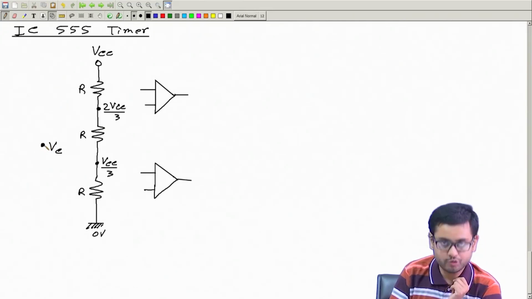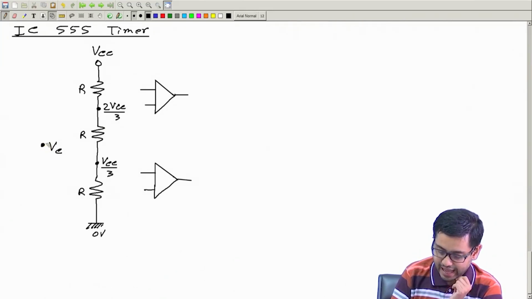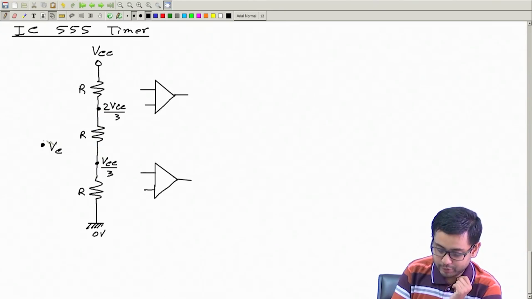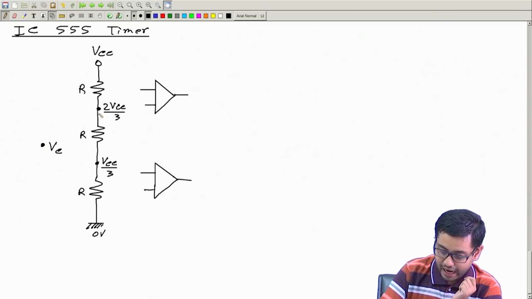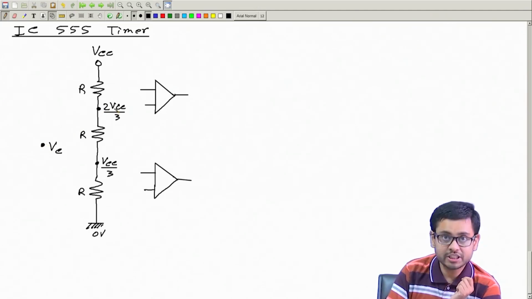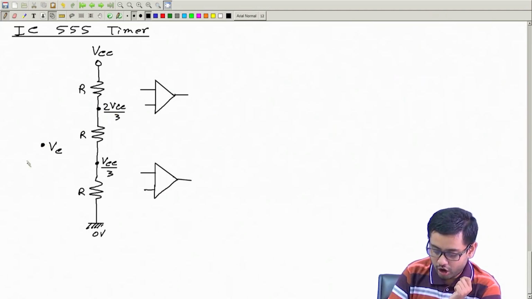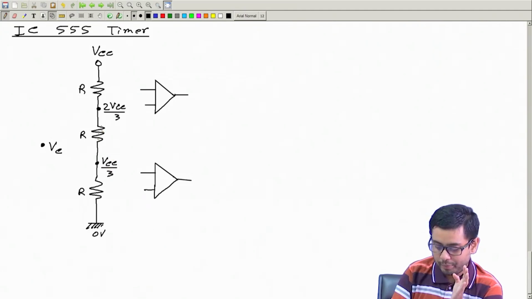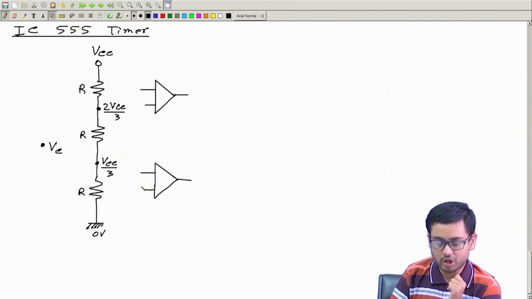This voltage will be compared against these two levels. So, we have to compare whether this voltage is higher than 2/3 of VCC or lower than this level. This is what we have to do, and to compare with this we have this comparator, and to compare with this we have this comparator.